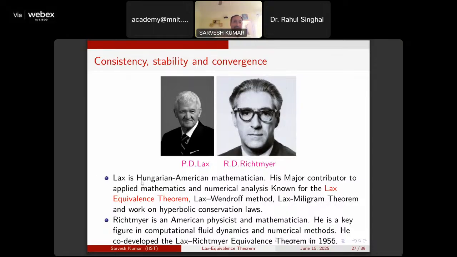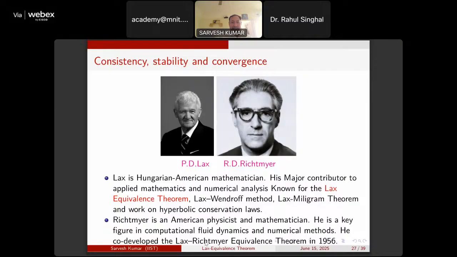Lax is a Hungarian-American mathematician, and Richtmyer is an American physicist and mathematician. Basically, Richtmyer's contributions are in computational fluid dynamics and numerical methods. These two, Lax and Richtmyer, have given one theorem which we sometimes call the Lax Equivalence theorem. It's actually the Lax-Richtmyer theorem.